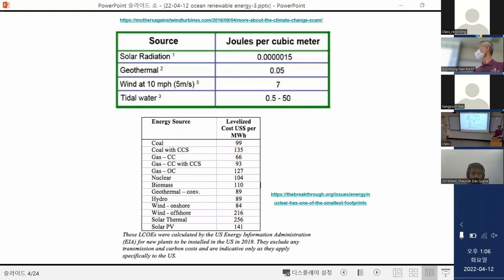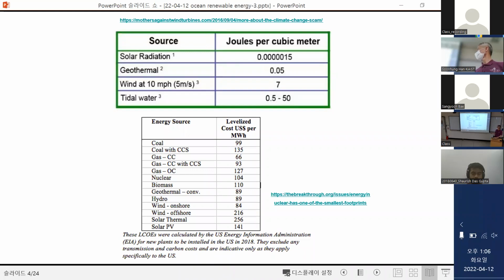Coal, gas, nuclear, biomass, geothermal. This is cost rather than energy density. Cost includes the production cost, the device, and also the operational cost and investment cost.